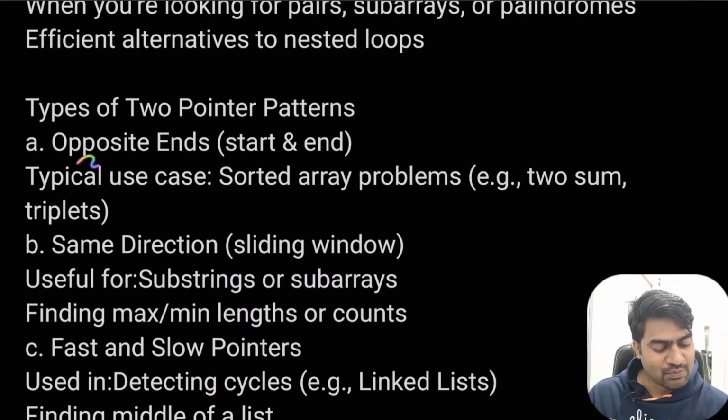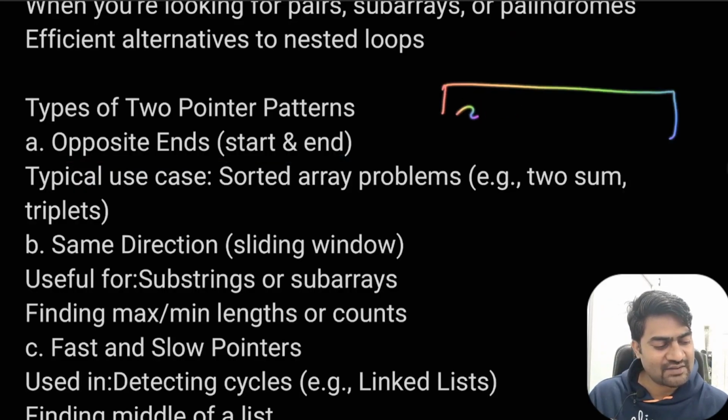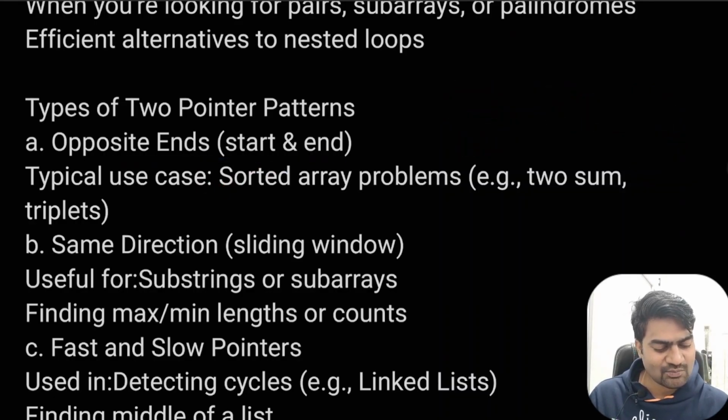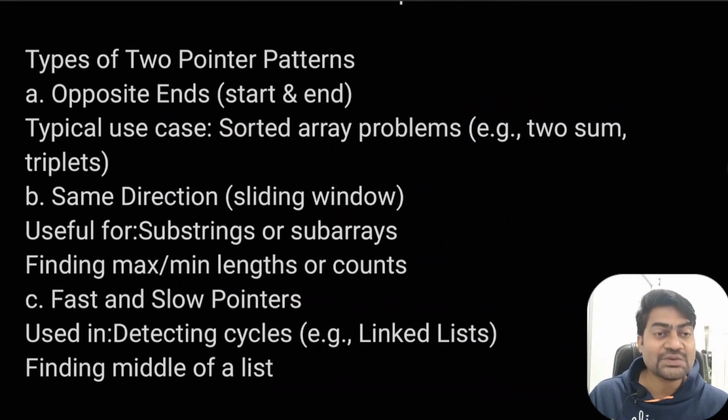So what are the different two-pointer patterns that are available? Basically, opposite ends. One pointer starts at the beginning. Assume this is our linear data structure, something like this. Then one pointer starts here at the start, and another starts at the end. This is called opposite ends, which have start and end pointers. A typical use case is when the array is sorted, with a condition given in the problem.